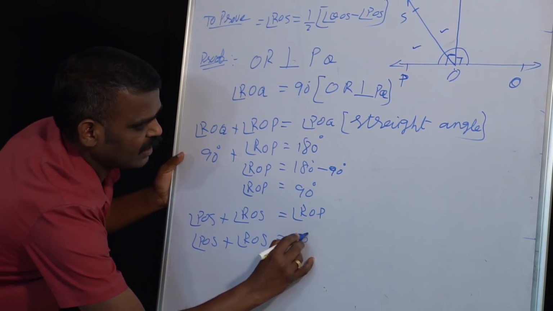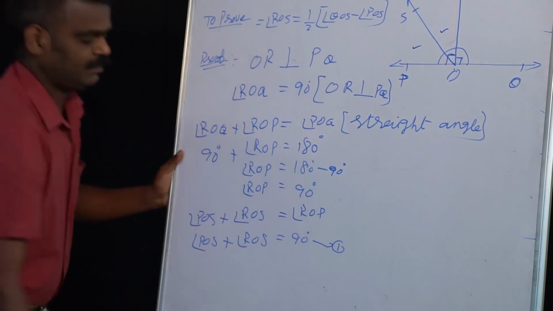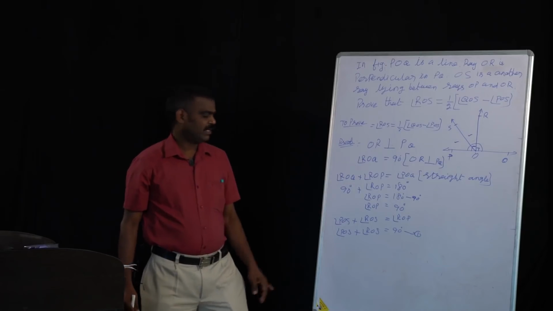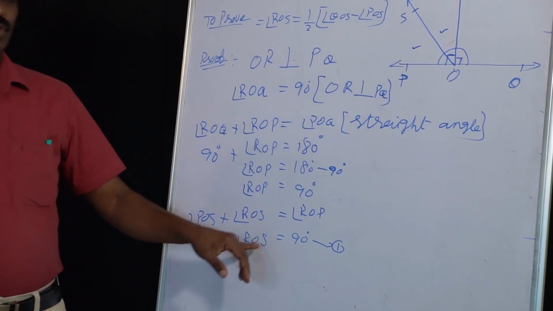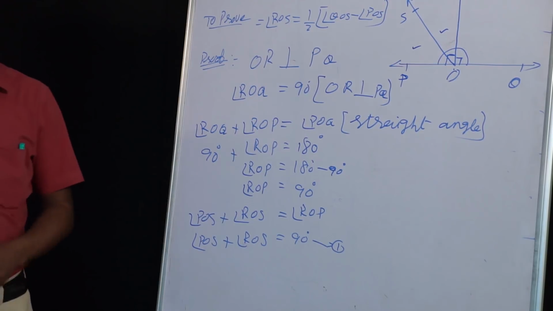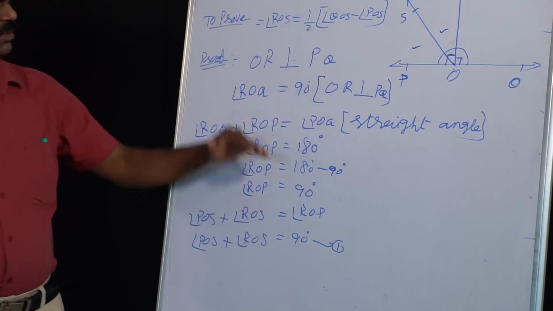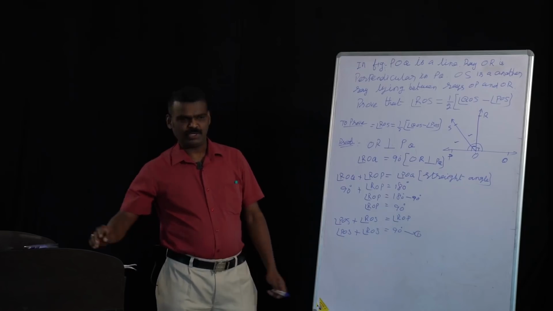So how many degrees? 90 degrees. In short, you can say POS plus ROS equals 90 degrees. First write this one because space is not enough. We will go to the next. Quick, quick.